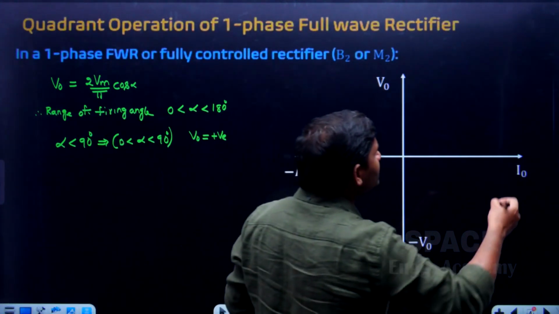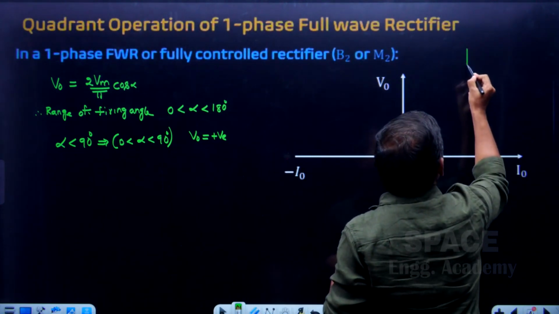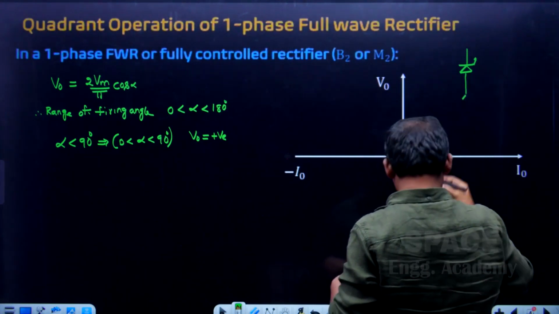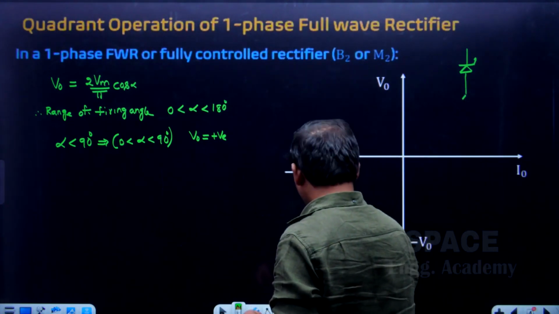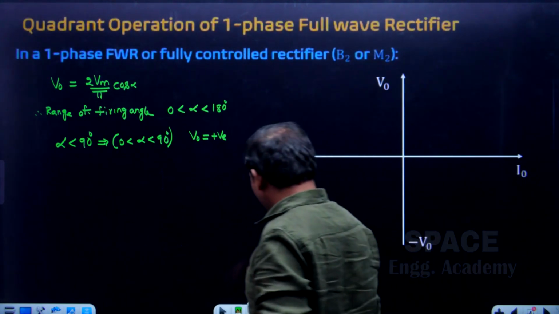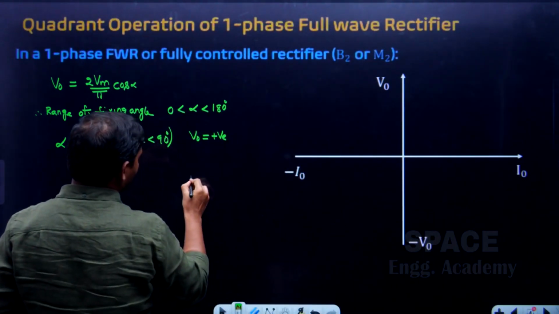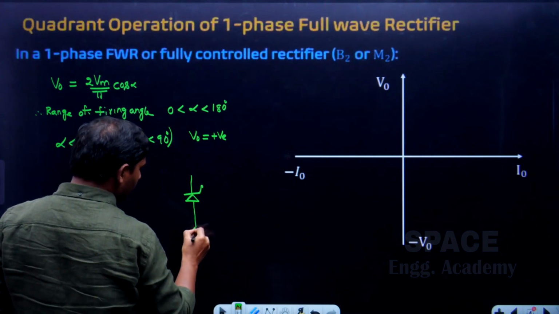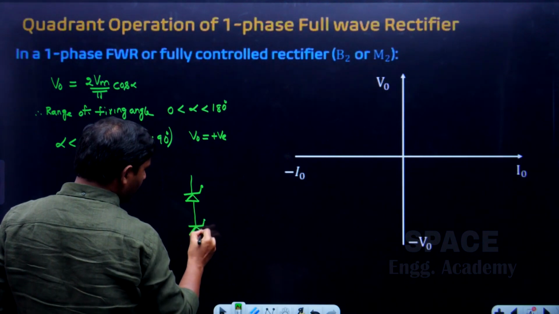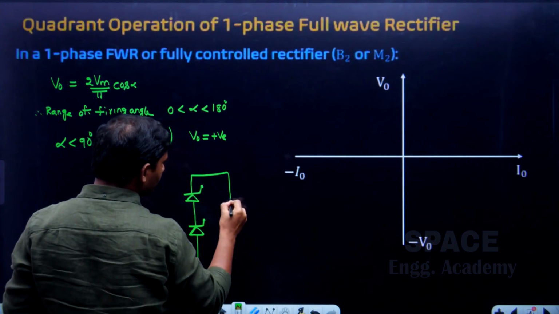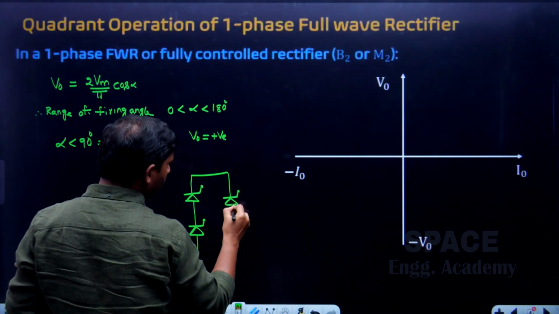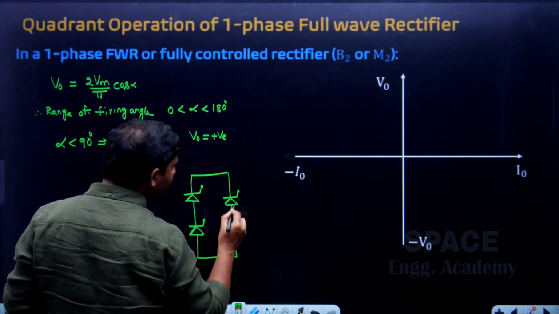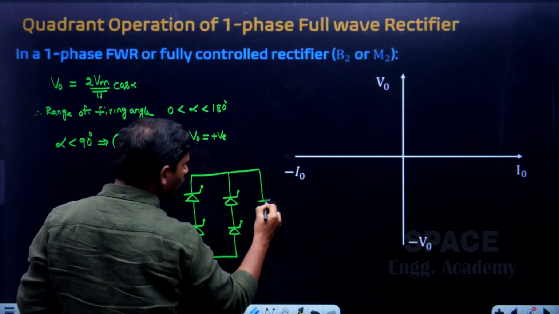For example, let us consider a full wave rectifier. I am taking the bridge rectifier. Why the current is always positive, that you will see. You take any load.